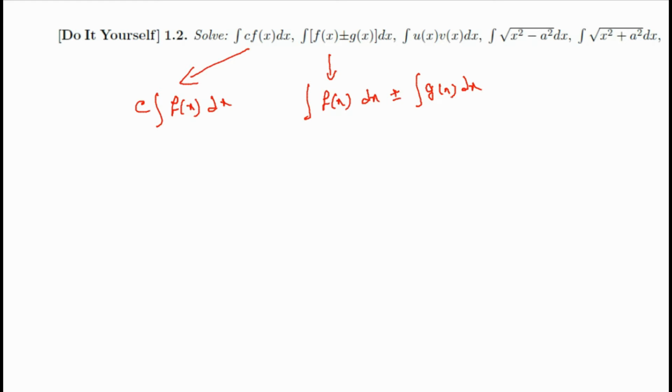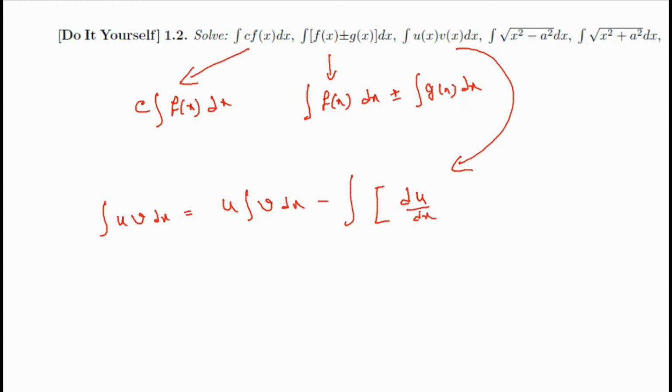Now, this rule is actually integration by parts, and you can write it as integration uv dx equal to u integration v dx minus integration of du/dx times integration v dx, then dx. Here one function is integrable and another function is differentiable, so you can decide which one will be integrable and which one will be differentiable.